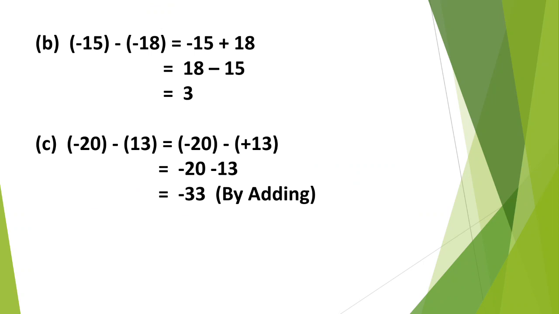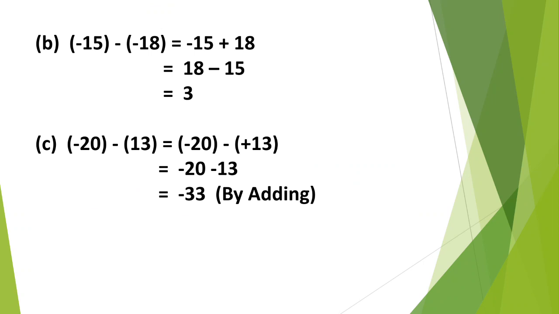We can rearrange: 18 minus 15. It's a normal one. 18 minus 15, 3. Listen, we are multiplying minus inside. Minus into minus becomes plus. After that, we are rearranging the numbers, plus 18 minus 15. We need not denote the plus sign. 18 minus 15, we will get 3.